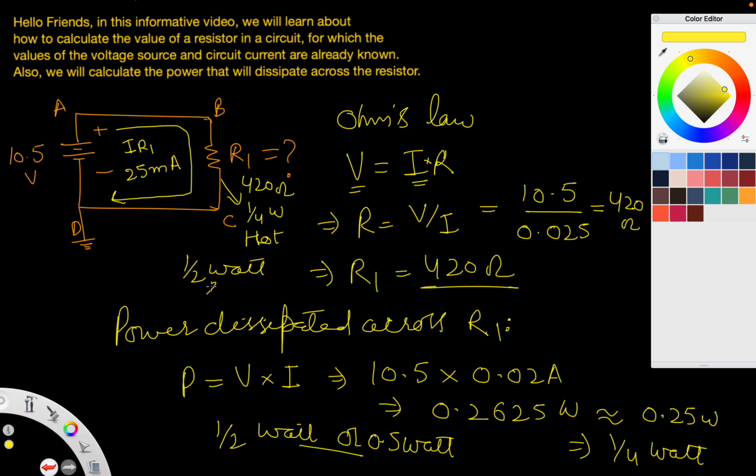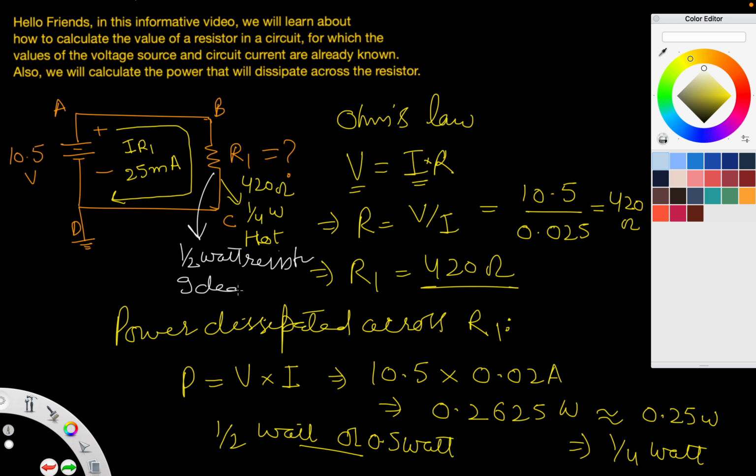And if we use a 1 by 2 watt resistor, then it will not be hot, it will be the ideal value.